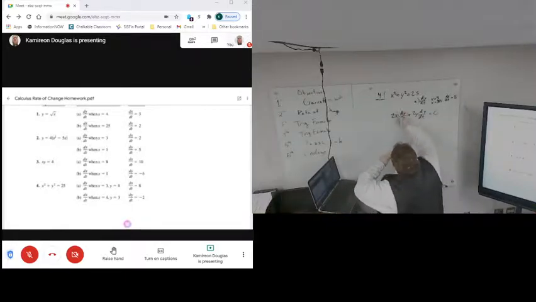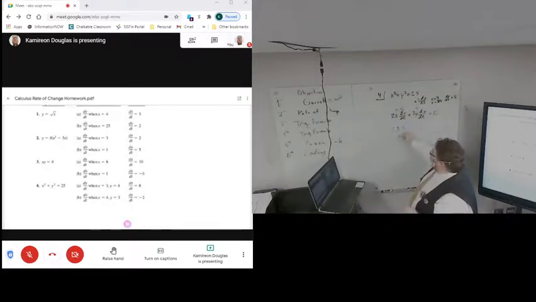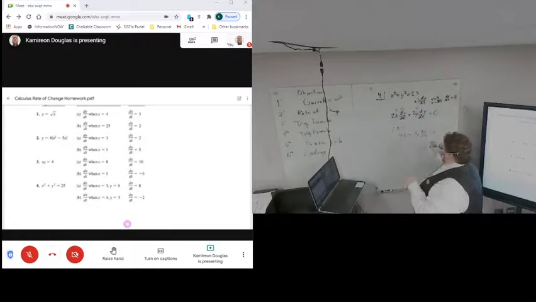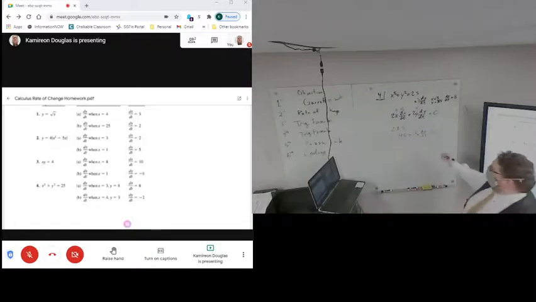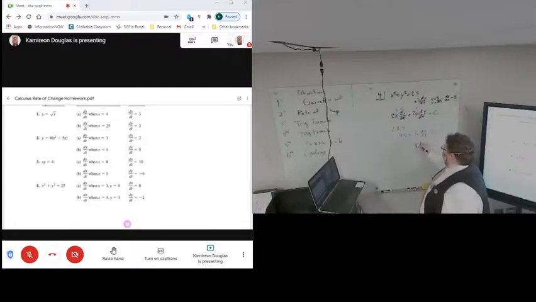X is 3, y is 4, dx dt is 8. 2 times 3 times 8, 48. 2 times 4 would be 8, dy dt equals 0. Move the 48 over, 8 dy dt equals negative 48. So dy dt is negative 6.